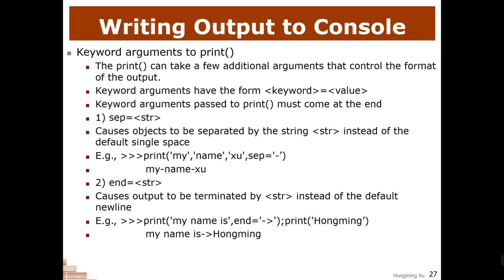But sometimes we may want to replace that space character with some specified character of interest. So we can write the print in this way. For example, if I type this line of code, print my name, sep equals to the short line, then the output will be something like this.